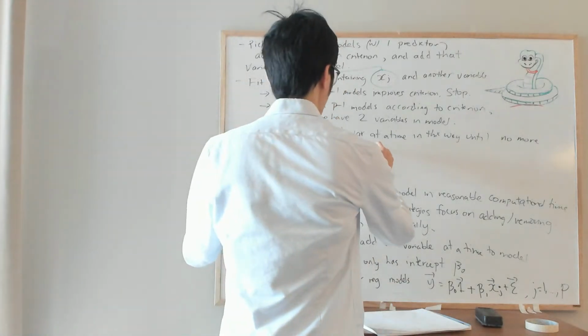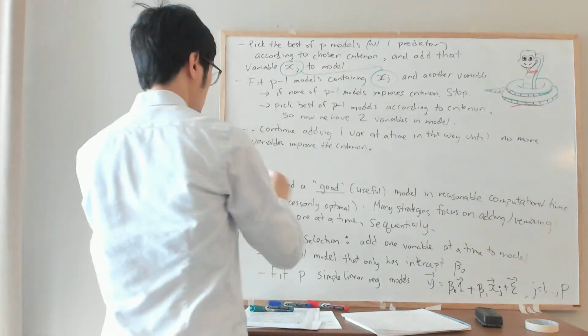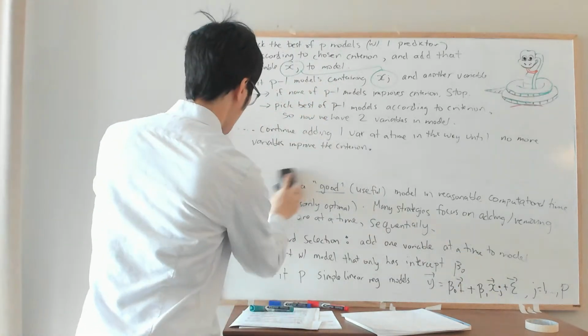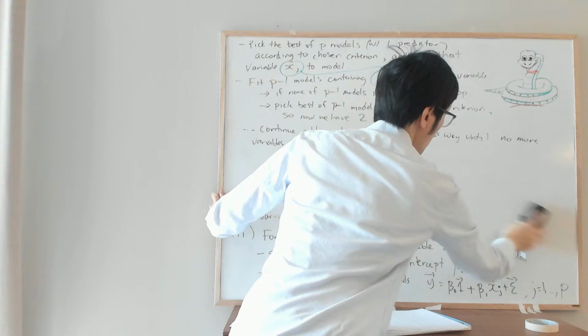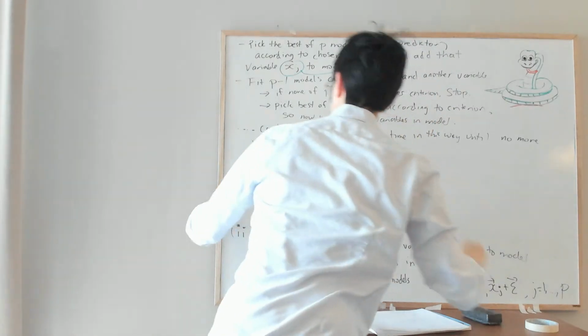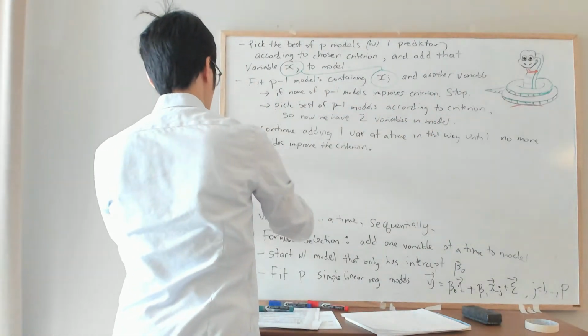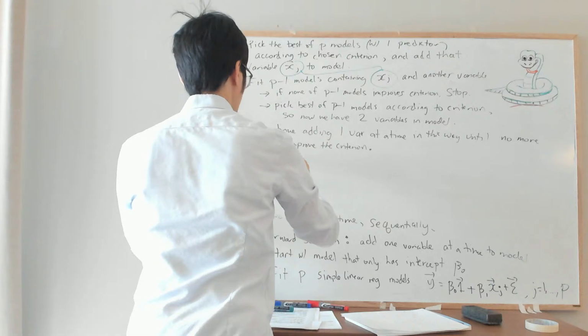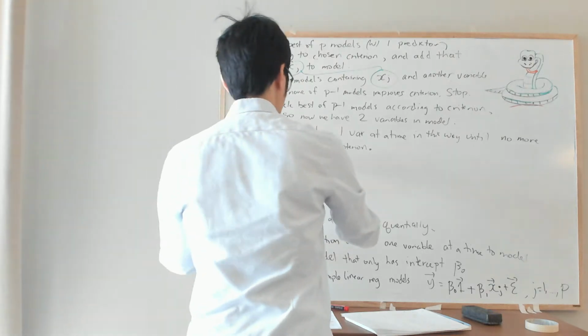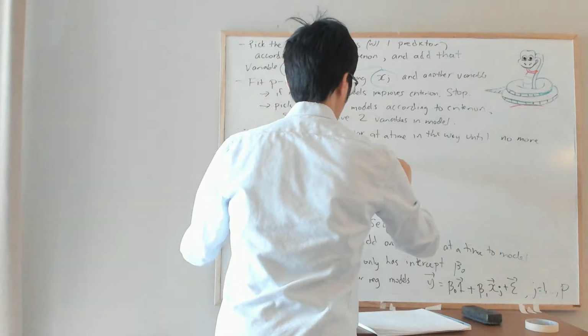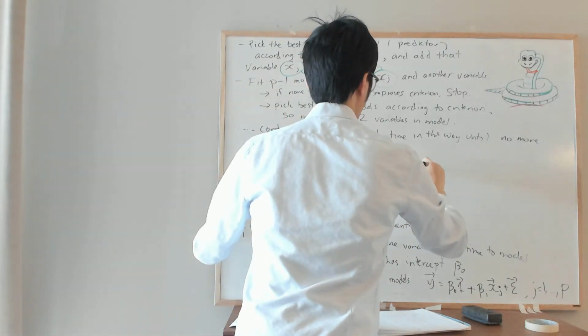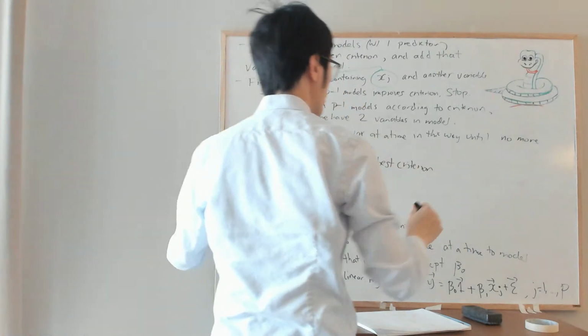So the final model is the one with the best criterion when we stop.